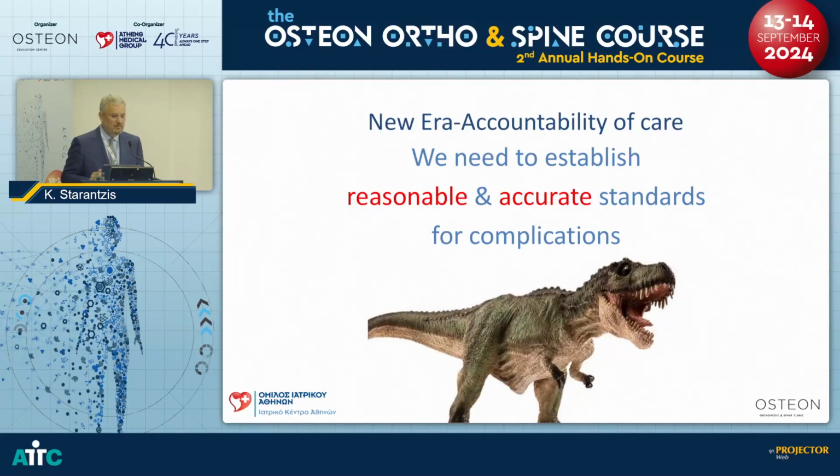Because we need to be very accurate with the estimation of the risk and set reasonable and accurate standards for complications, because otherwise the deformity surgeon will end up like the dinosaurs, we won't exist, because no one would pay for this operation.